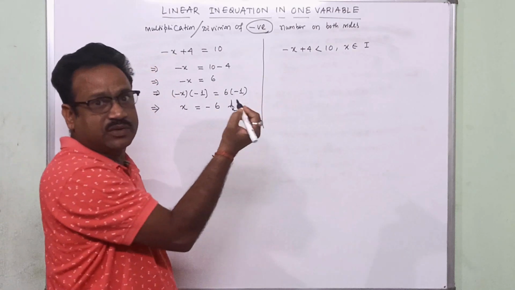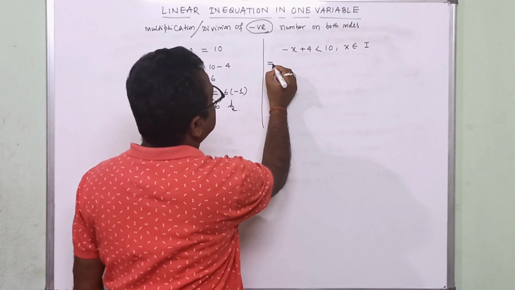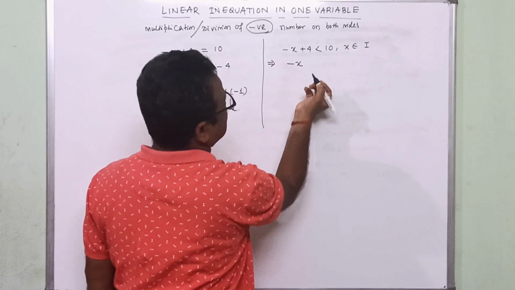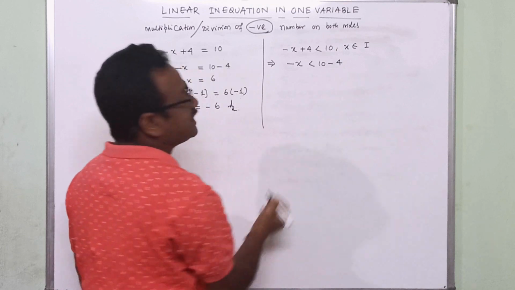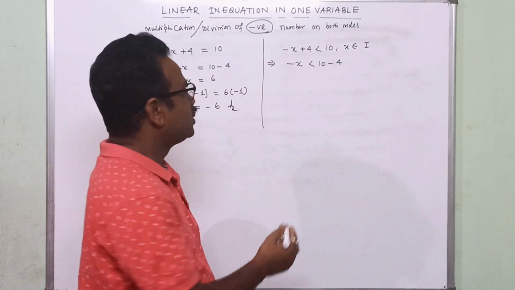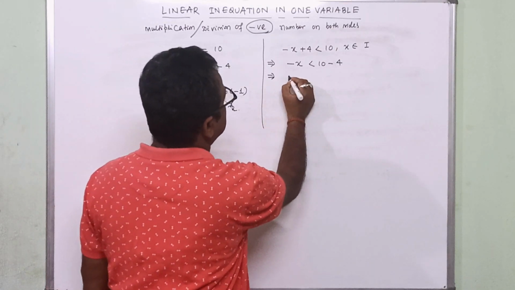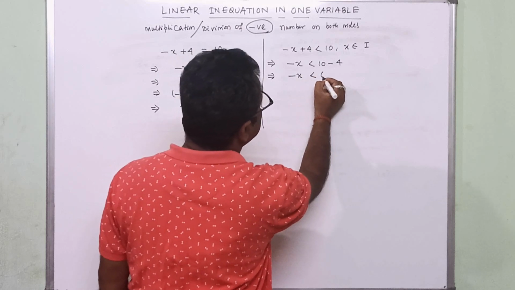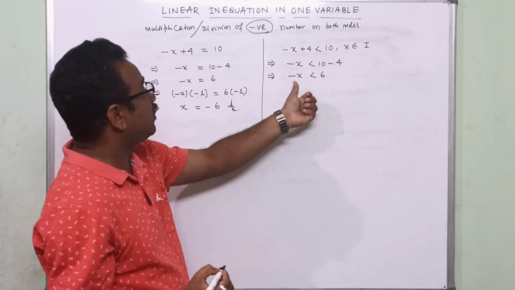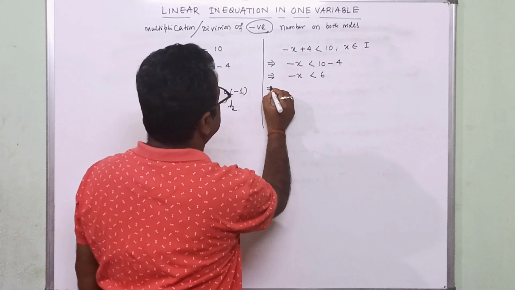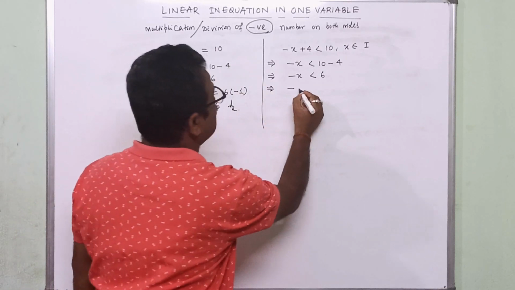Now here in the inequation, what to do? Let us see. That implies minus x less than 10 minus 4. Sign change rule. So now that implies minus x less than 6. Now here you have to multiply or divide by minus 1.